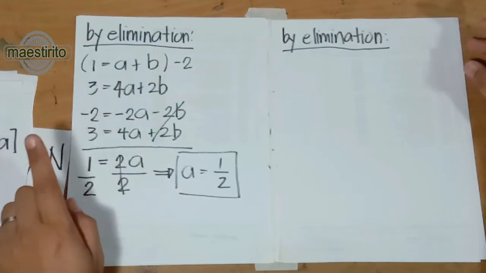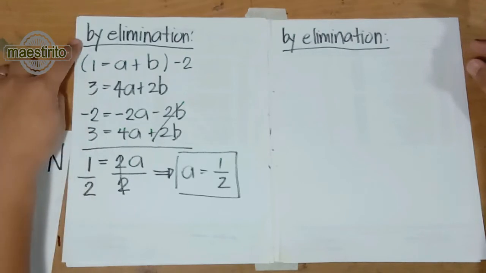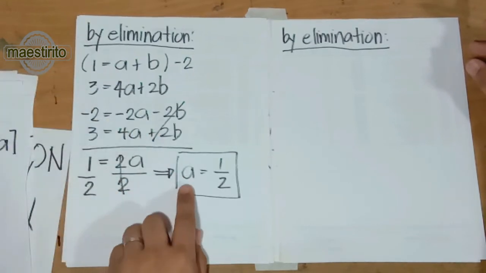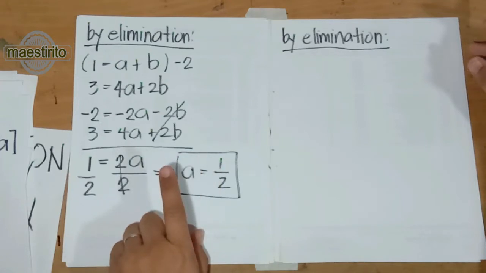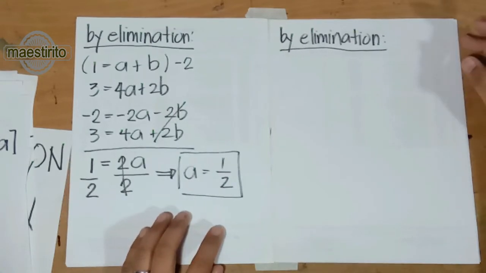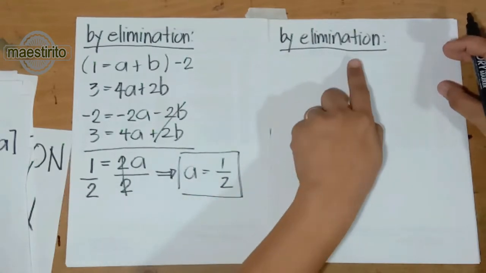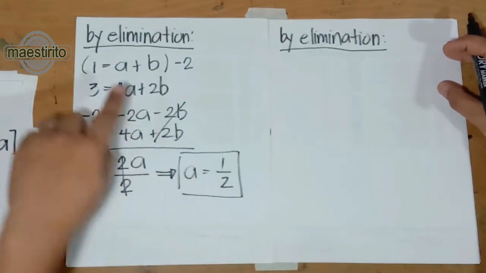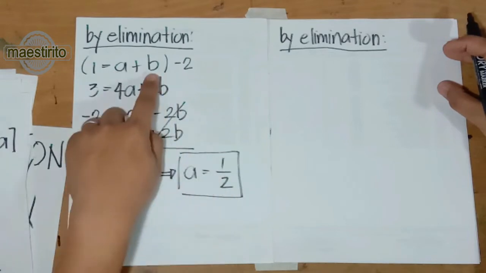So again, for the elimination, once you already got the first variable, you may choose either way.